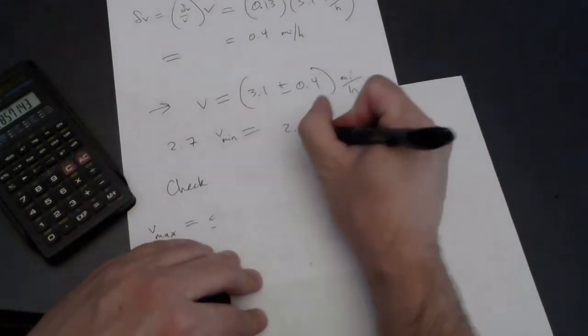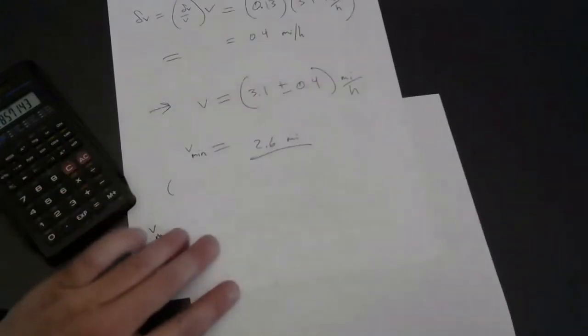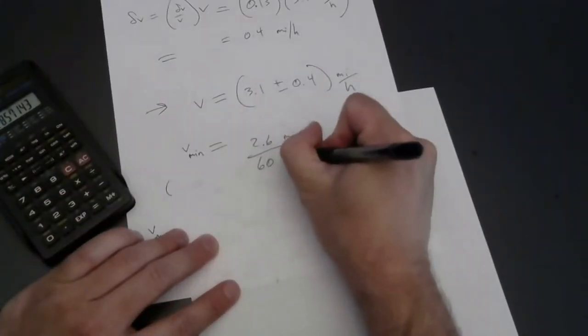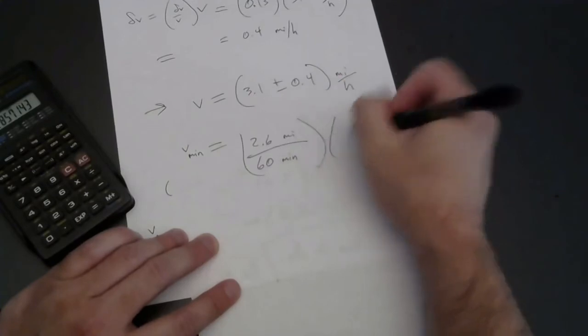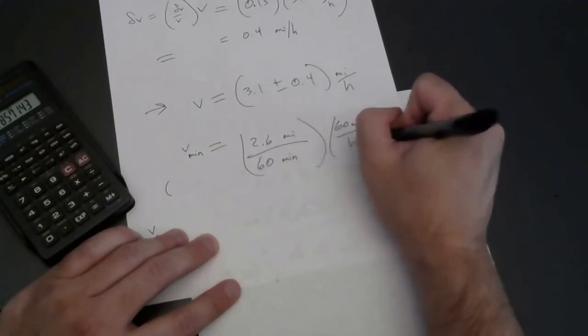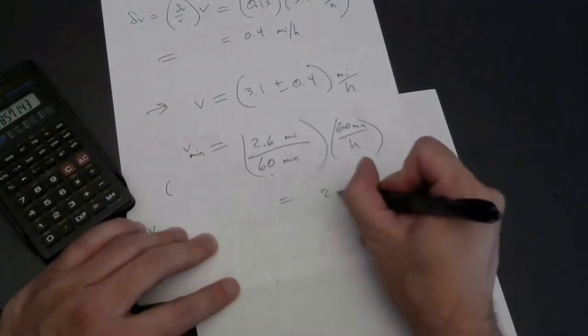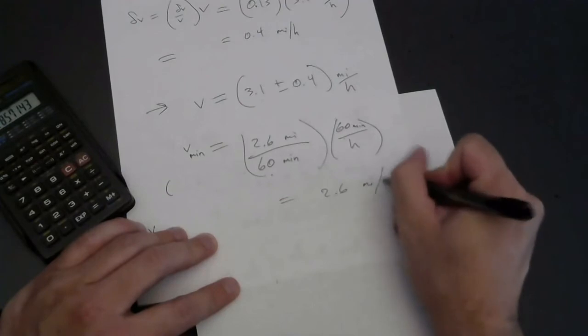Did I do that right? Yeah, 3 minus 0.4. And it may have taken you as long as 58 plus 2 minutes. Convert from minutes to hours. And that's just a coincidence that we've got two factors of 60. So that came out real easy: 2.6 miles per hour.